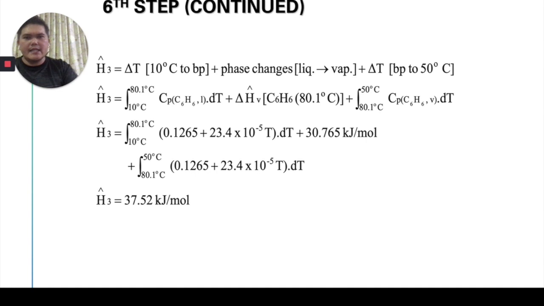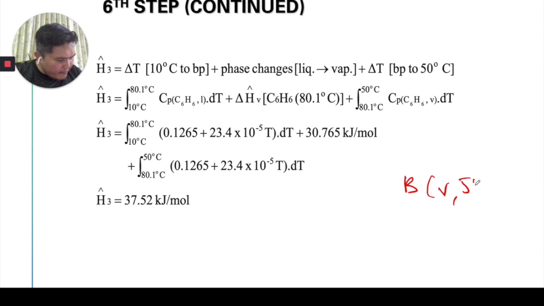But the next thing is you need to calculate your delta H3. Remember that delta H3 is now your benzene, which is vapor, at 50 degrees Celsius and at 35 millimeters of mercury. Again, the effects of temperature and pressure changes we can neglect.